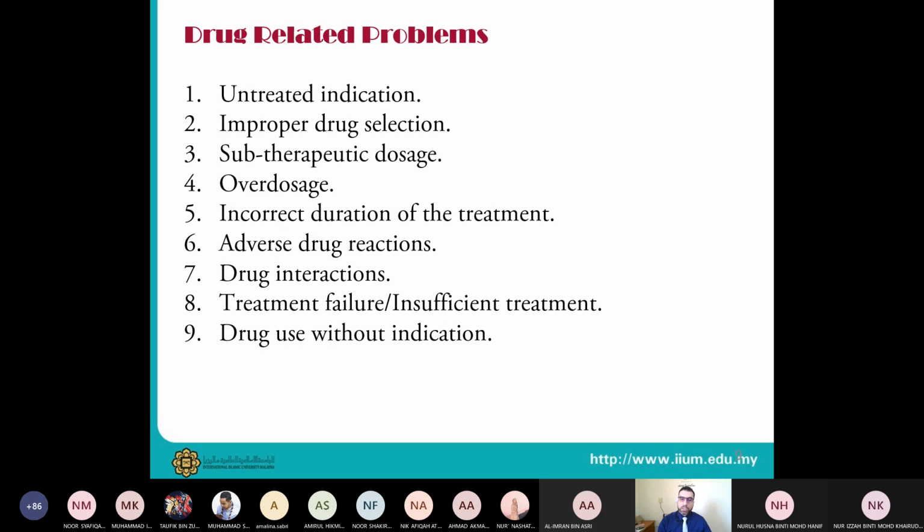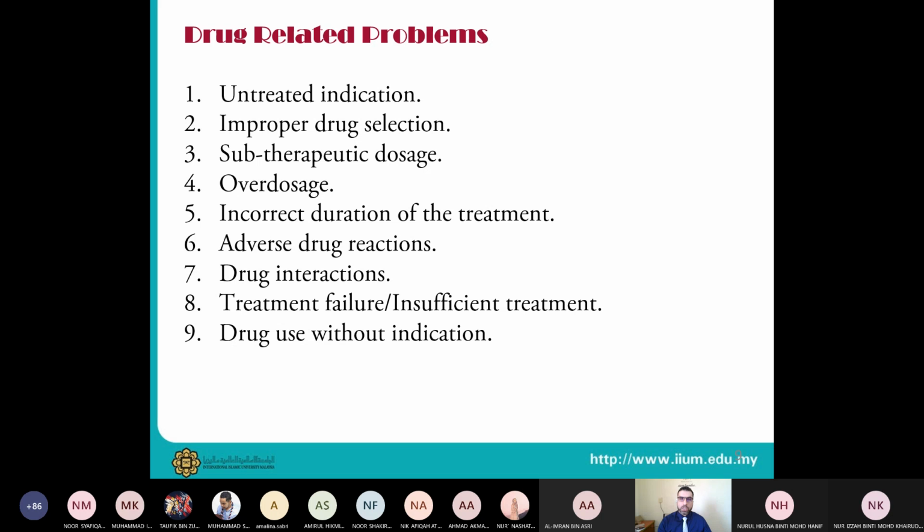I uploaded to Microsoft Teams two files about the drug-related problems, or as we also call them, pharmaceutical care issues, because iTalim was not functioning today.